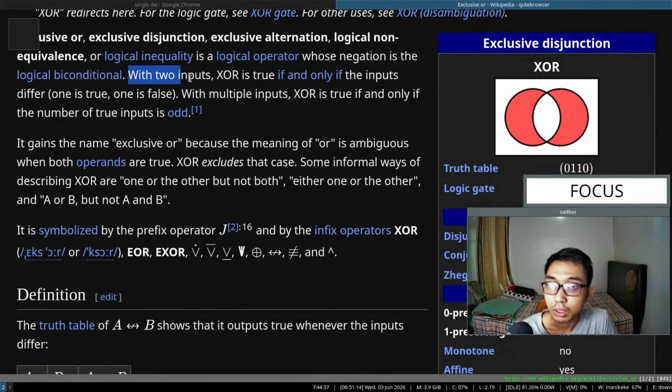Okay. With two inputs, XOR is true if and only if the inputs differ: one is true and one is false. With multiple inputs, XOR is true if and only if the number of true inputs is odd.